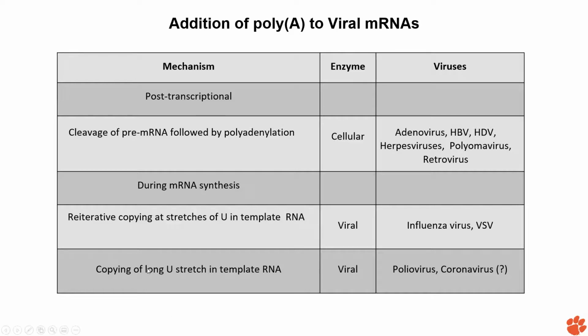On the other hand, for poliovirus, there is a long stretch of U, which is just complemented by A, and that's the poly-A tail. And in the coronavirus, I just put a question mark. It is a much more complicated process, and we are going to learn that in the special topic for the coronaviruses. So that's the overview of when the viral RNA polymerase synthesizes it, and this is done by the cellular enzymes for the polyadenylation.